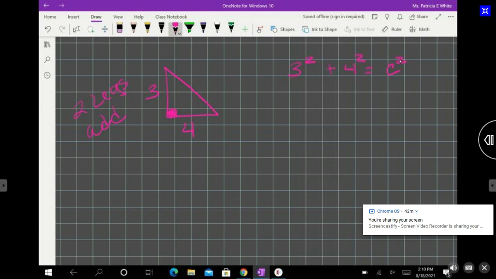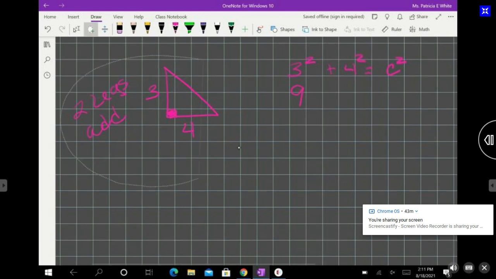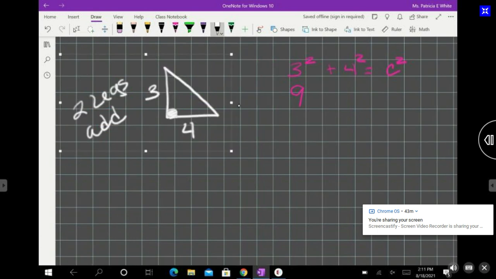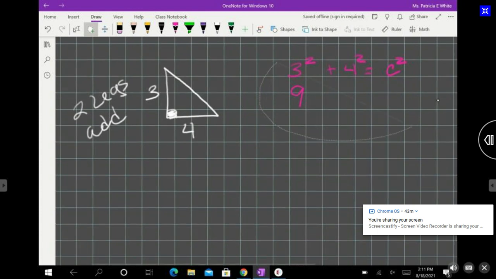So what's 3 squared? 9. And what is 4 squared? 16. I gotta quit writing in that pink, it just doesn't show up.